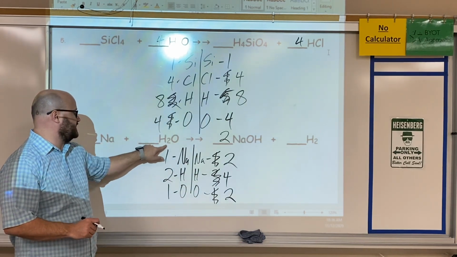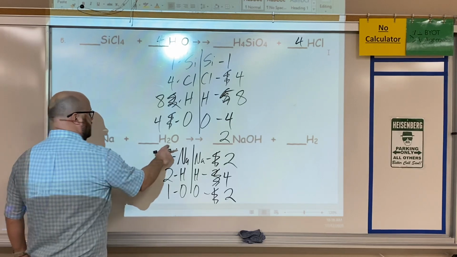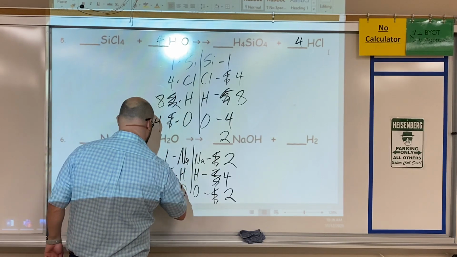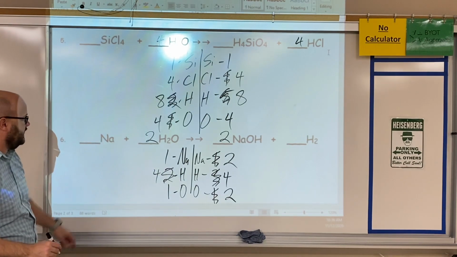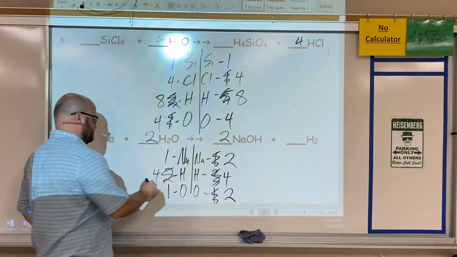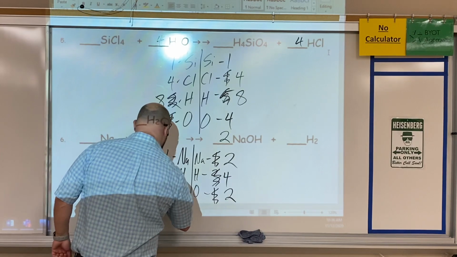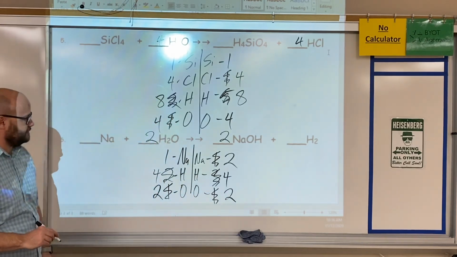You still have to make this side 4. 2 times 2 gives us 4 on that. It also changes our oxygen, which we appreciate because it changes it to 2.